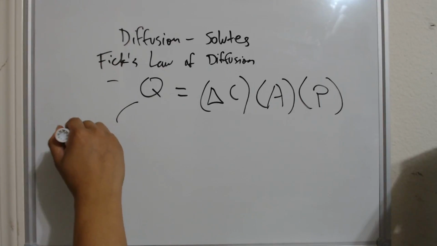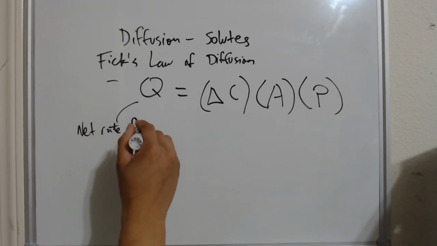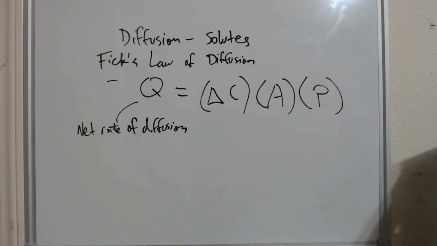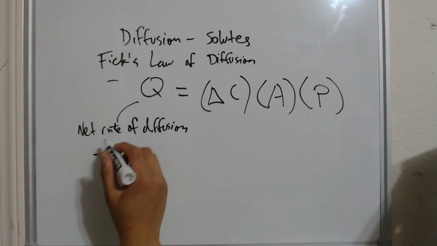Q is net rate of diffusion. And the problem with this is only takes account of concentration gradients.